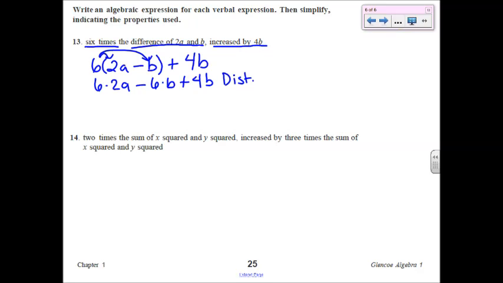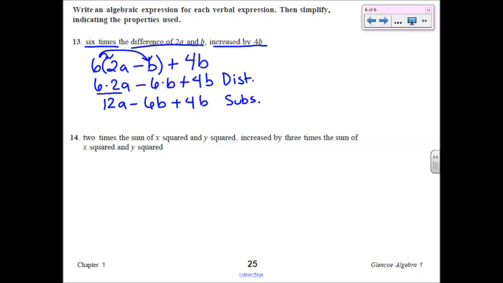Then I'm going to actually substitute what 6 times 2 is, and that's 12. So 12a, that was the substitution property. Basically putting in something that is equivalent.